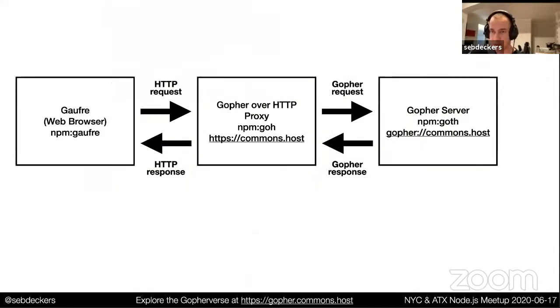We're going to skip a little bit because this is too detailed. It's basically showing there are different layers here: we have a Gopher client, a Gopher proxy, and a Gopher server. It's confusing because they're all called commons host, and I wrote all of them, so it all looks like the same thing now.